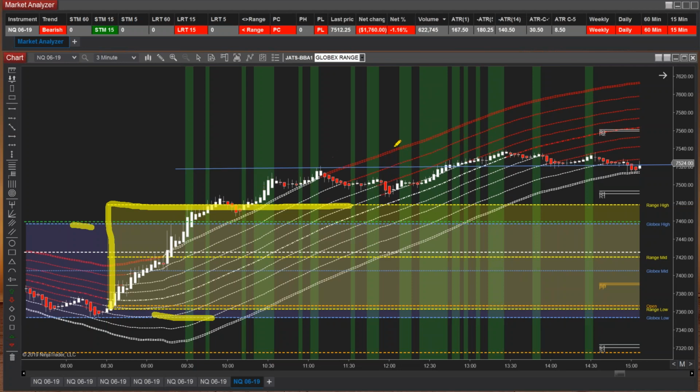It would be outside the 1 hour and outside the Globex. So that might be a strategy for you to consider trading when other conditions are present supporting that directional move. And one way to do it is use the ATR of the breakout bar.